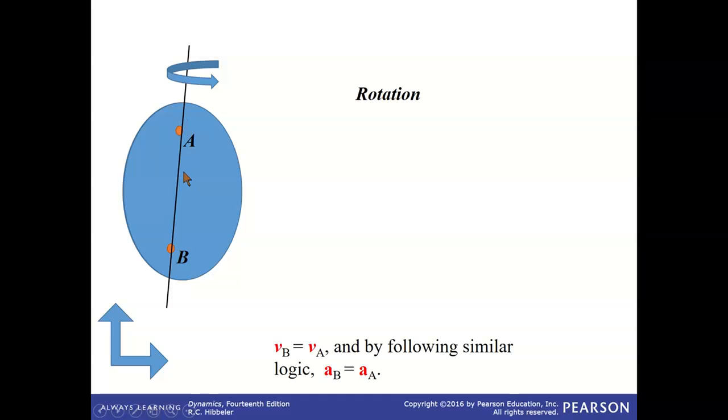That means their velocity and acceleration are zero. So in this example, the velocity of B is the same as the velocity of A, and the acceleration of B is the same as the acceleration of A, and their values are zero. Having said that, all the points which lie on the axis of rotation do not have any velocity and acceleration.